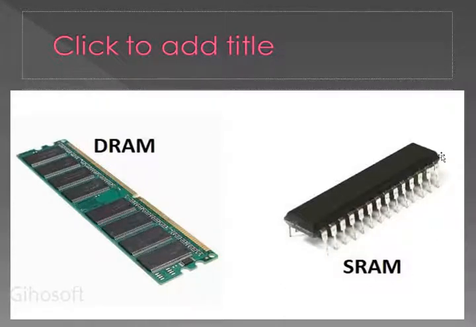Now SRAM is either found inside the CPU chip or it is found outside the CPU chip in form of cache, or mostly it is found in small programmable devices such as automatic microwave ovens or automatic washing machines and other types of devices or remote control cars, where a larger RAM is not needed.